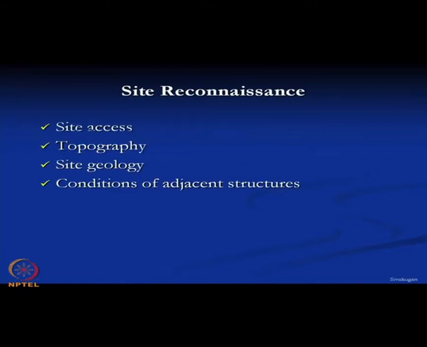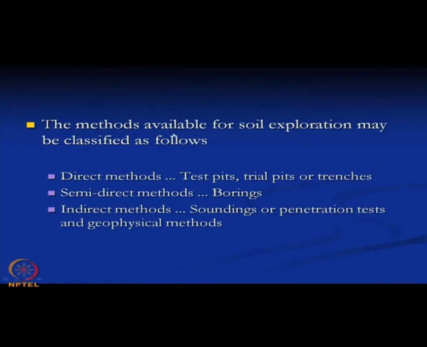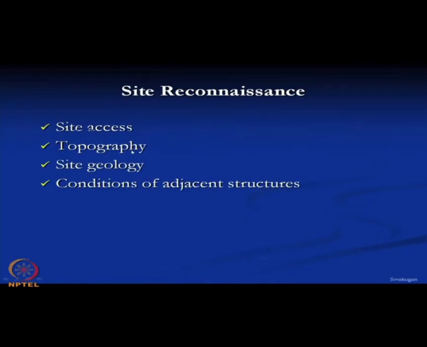Then first we will go for the site reconnaissance. We will do a preliminary survey of the land of the site where we will conduct the soil exploration, and then we will look at the site access, because we need access to the site for the equipment which will be used for soil exploration. So, we will look at the site access, then the topography of the site, then site geology, and condition of the adjacent structures.